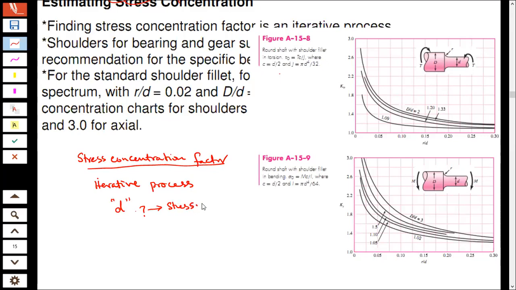So, if we find out D, then our shaft design is done. Therefore, we have to consider some value of stress concentration factor to come up with some initial value of the diameter of the shaft.